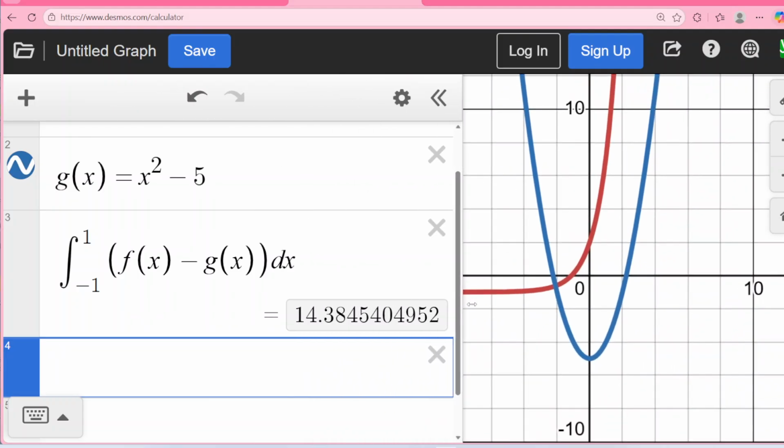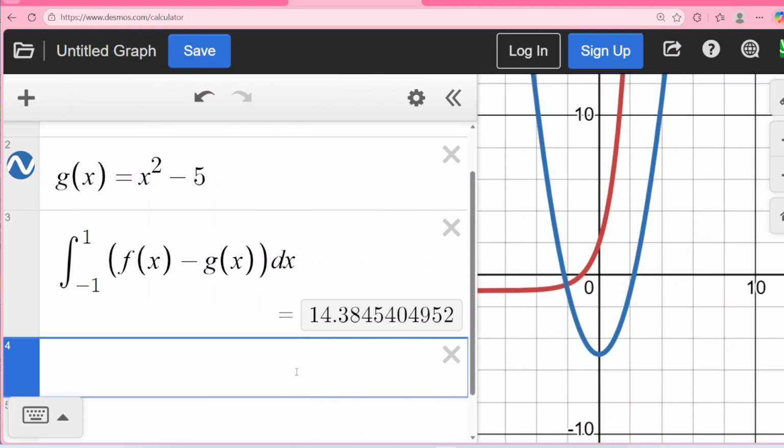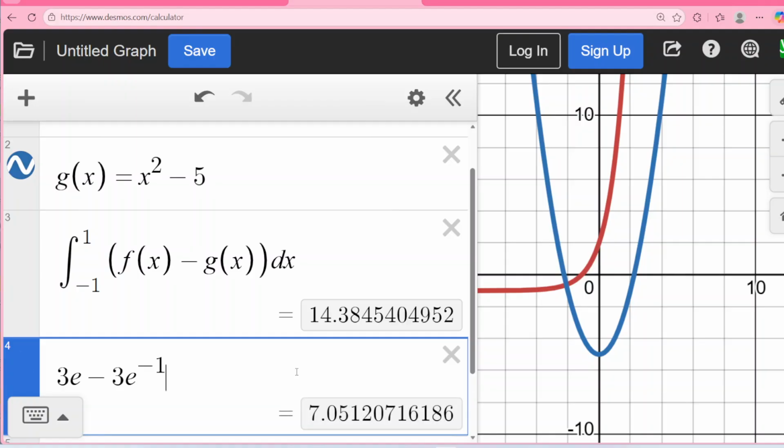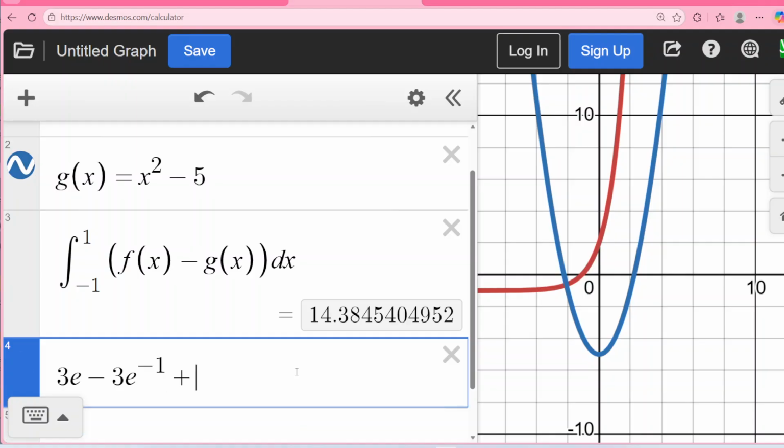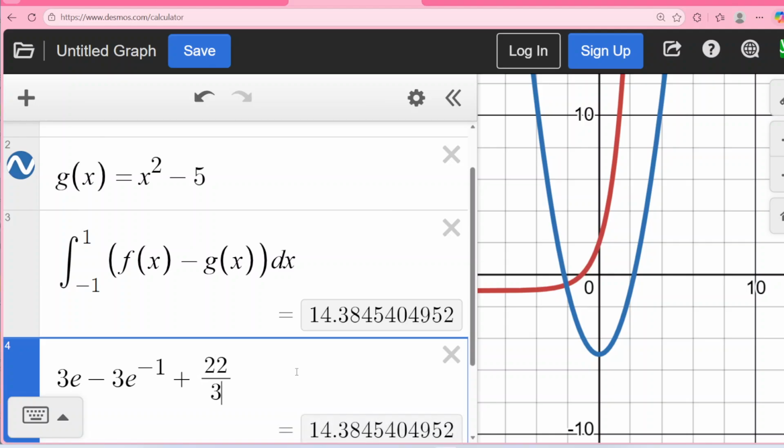Well, let's see. The value I ended up with when I did it by hand there, we had 3e minus, 3 times e to the -1, or 3 over e, and then plus, 22/3, and I see I get the same value to at least those 10 decimal places.